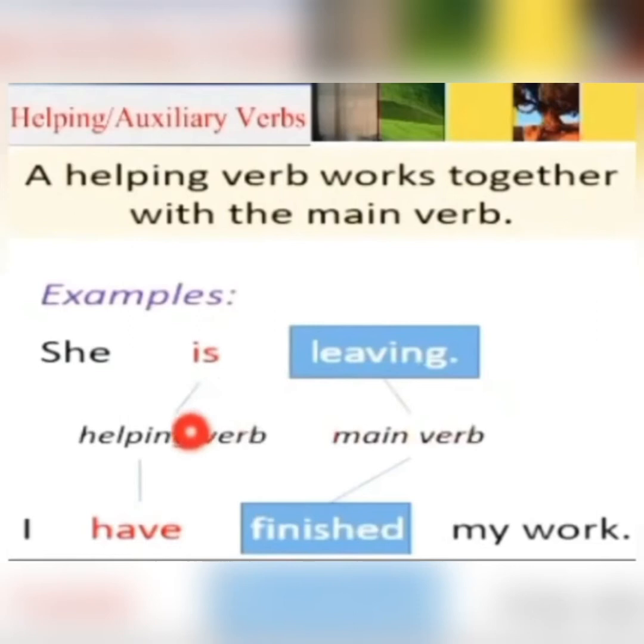Similarly, if I have the sentence, I have finished my work, to give the complete idea, I have to use the auxiliary verb have with the main verb finished to get the complete idea of the sentence. I hope you all must have understood this.